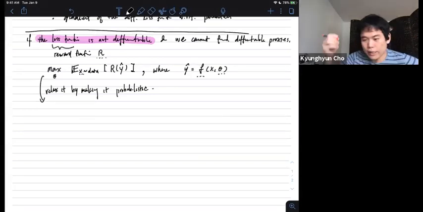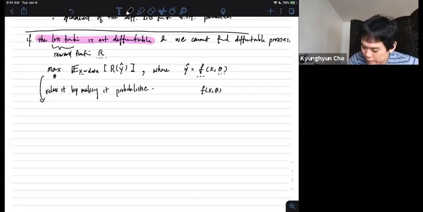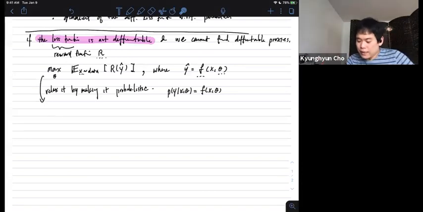In all cases, what was assumed was that the output of f of x and theta, our machine, was a conditional probability, p of y given x and theta. So what is being returned by our machine is the conditional distribution over the output given x, the input, and the parameters theta. This is the thing we had to work with. If you're unsure where this comes from, please go back to the Bayesian linear regression lecture note, and you'll see exactly the same thing there.